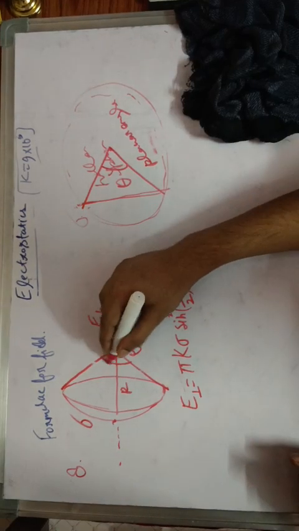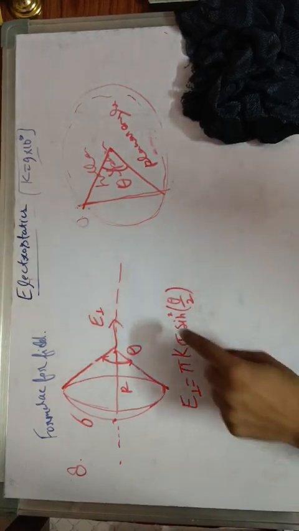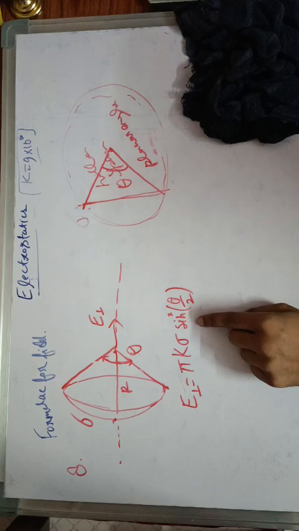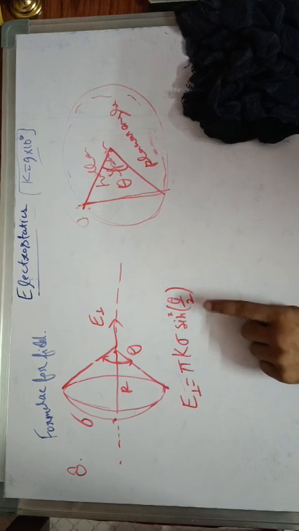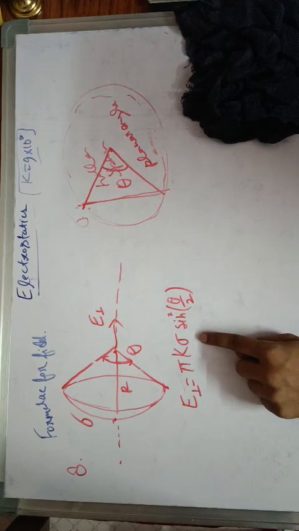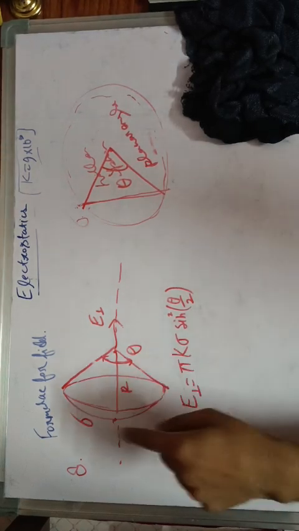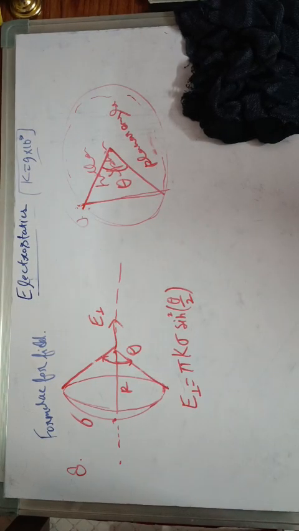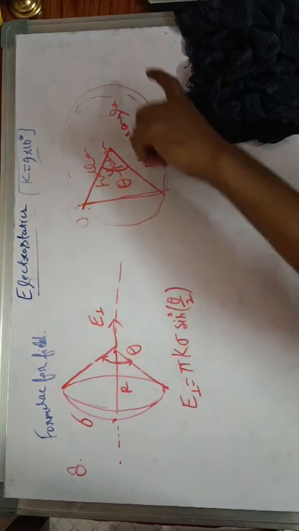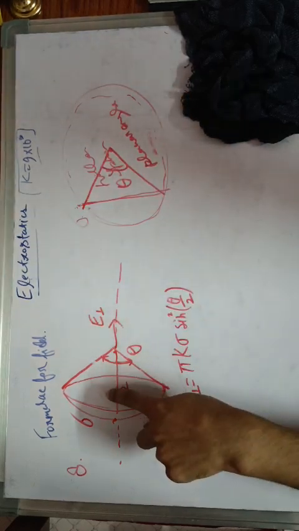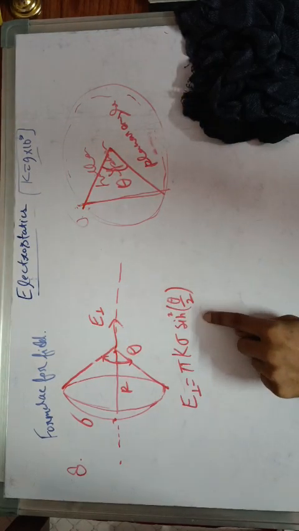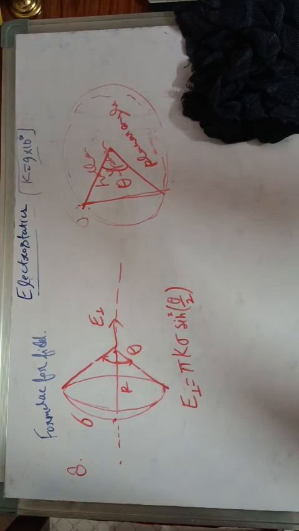Then the half of this theta, sine square of this half of the angle, times sigma into k pi. This is the formula for the electric field due to this. When this becomes a complete sphere, when this theta becomes 2 pi, this becomes 0, and so the electric field also becomes 0.